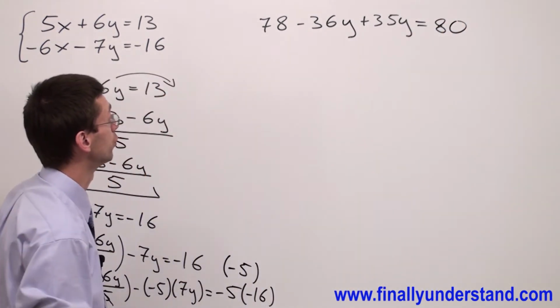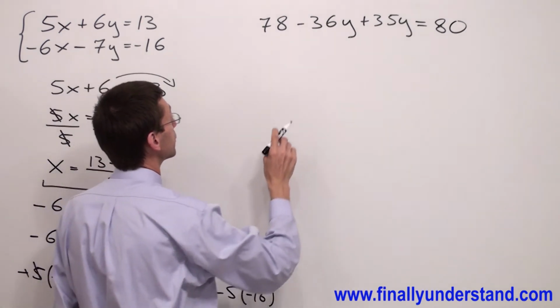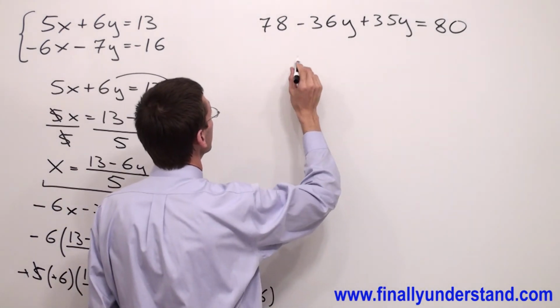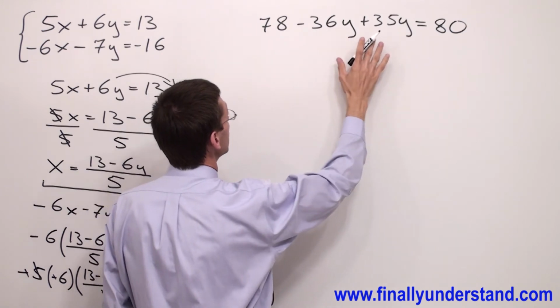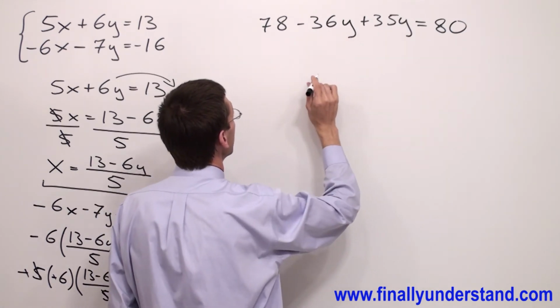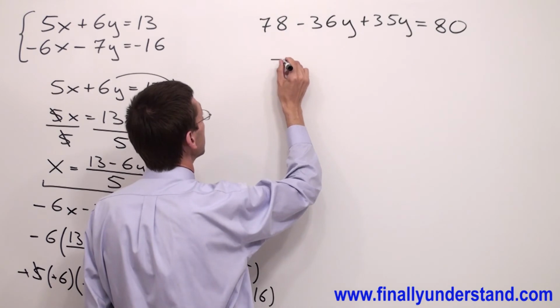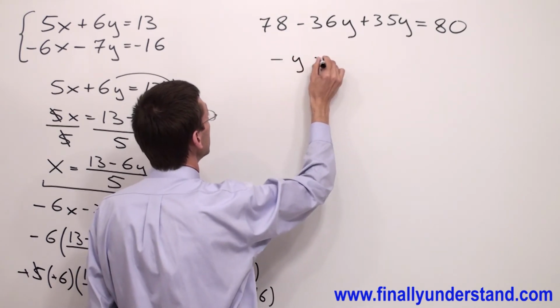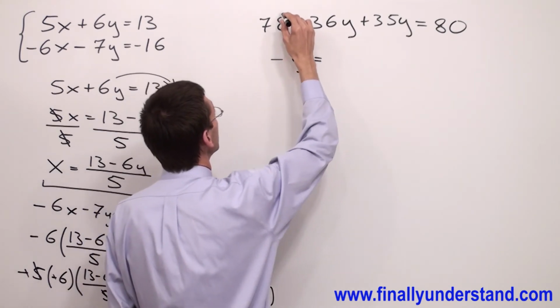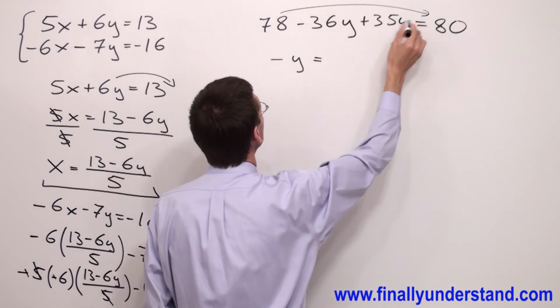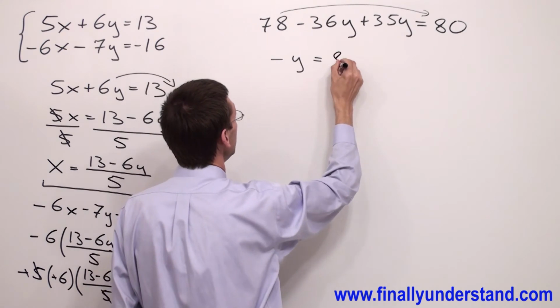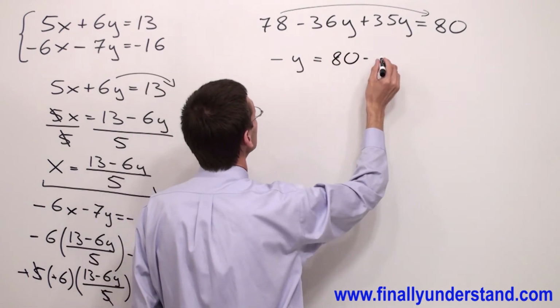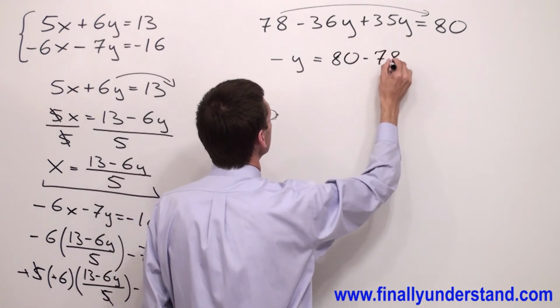Next, we're supposed to combine the like terms. We have negative 36y plus 35y equals negative y, and we're supposed to move 78 to the right side because it has no y. I have 80 minus 78.